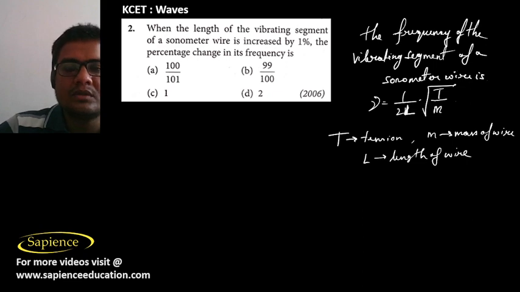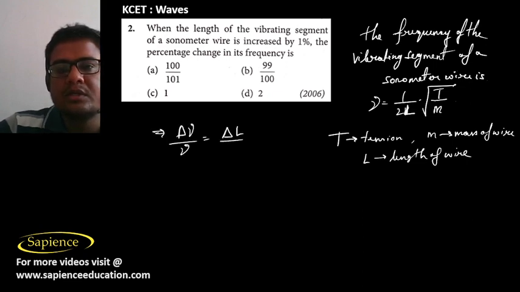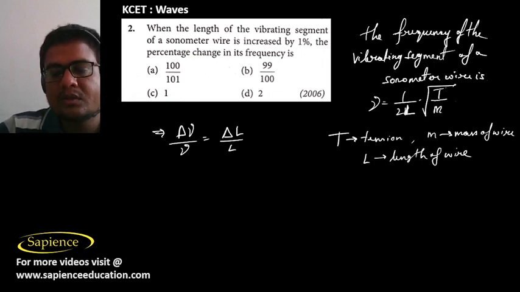So we can say that delta nu by nu is equal to delta L by L, since T and M are constants. The frequency depends on the length only.